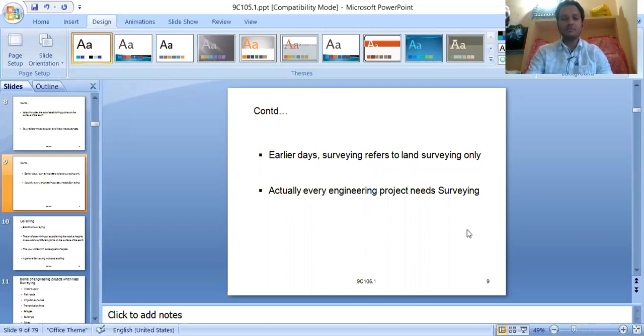Actually, every engineering project needs surveying. So in olden days, we used to call surveying as land surveying. But nowadays, in every engineering project, any engineering project like construction of dams, construction of roads, railways, bridges, anything, any civil engineering project, first of all, we have to go for surveying.